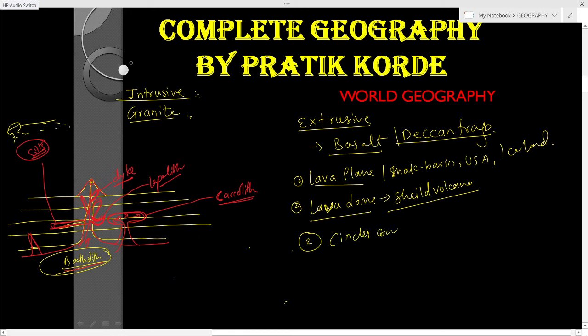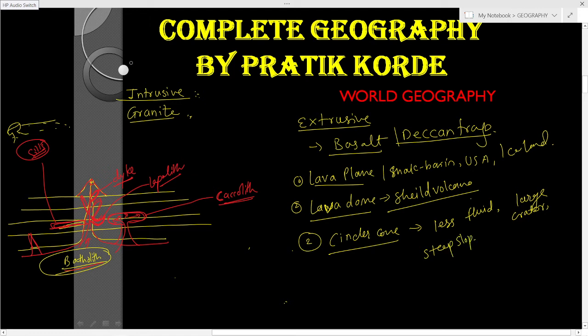cinder cones. If we talk about cinder cones, it is less fluid, with a large crater and steep slope. So these are the characteristics of a cinder cone: less fluid, large crater, and steep slope.